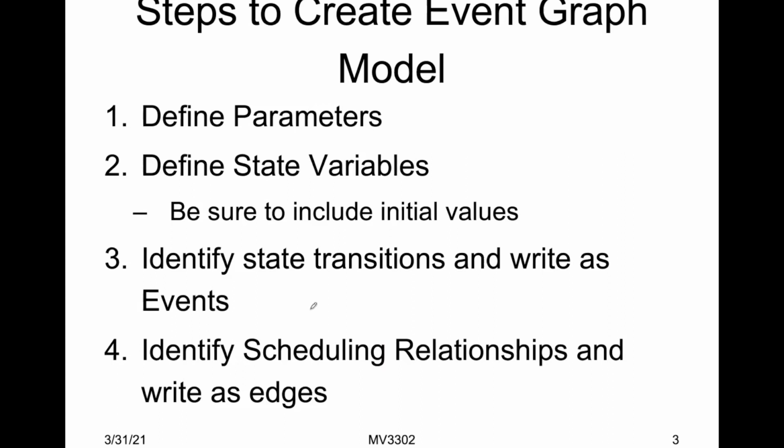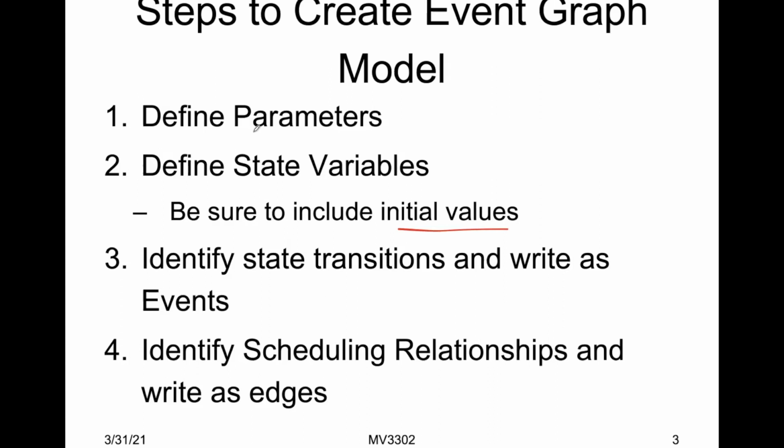That's what are called state transitions. When you're defining state variables, it is important to include the initial values. So whenever we define a state, it is not enough to simply say that n is going to be the number of arrivals. We also have to say that initially, when the simulation starts, the value of n is going to be 0 in this particular case.